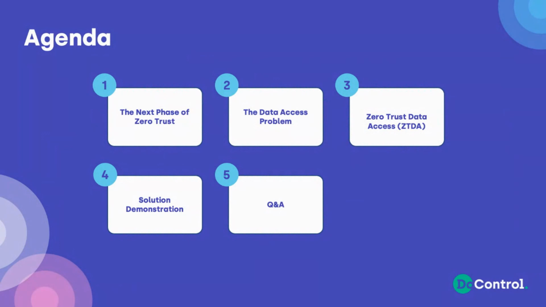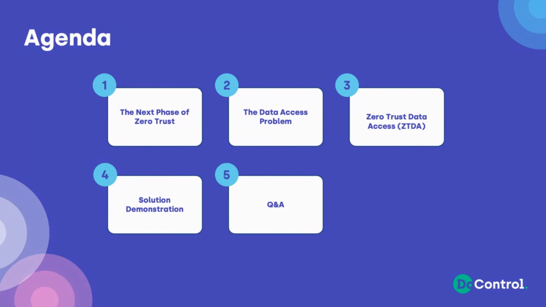Let's just look at the agenda for today's webinar. The first thing is we're going to provide some context on Zero Trust. I think most of you are familiar with this concept. It's been in the market for quite some time now. So we're going to cover the context of Zero Trust and focus on the next phase of it.